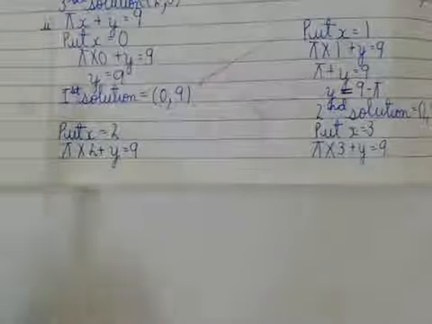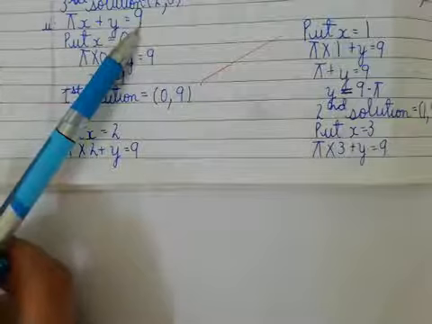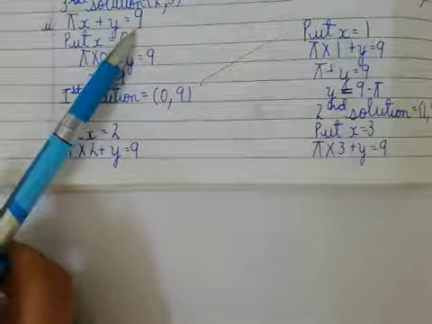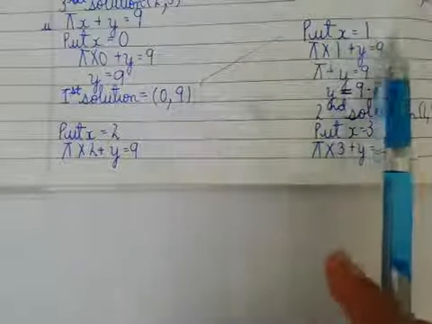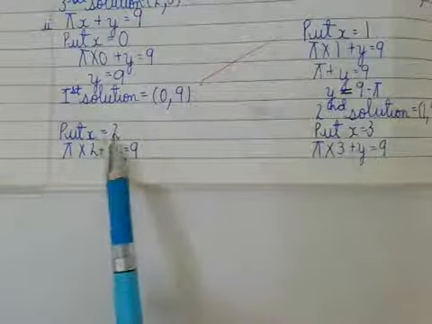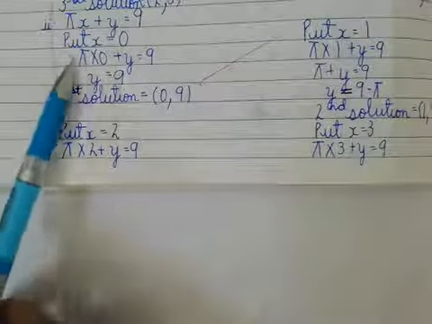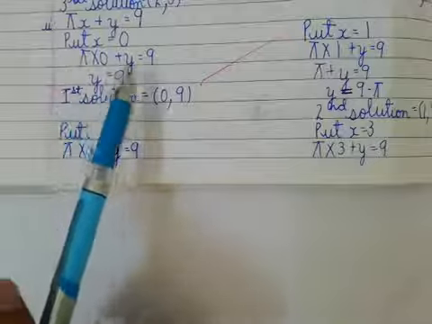Here is the second part. We are given pi x plus y is equal to 9. One by one we have to put the value of x is equal to 0, then x is equal to 1, then x is equal to 2 and x is equal to 3 wherever x is there. So if you put x is equal to 0, pi multiplied by 0 plus y is equal to 9.